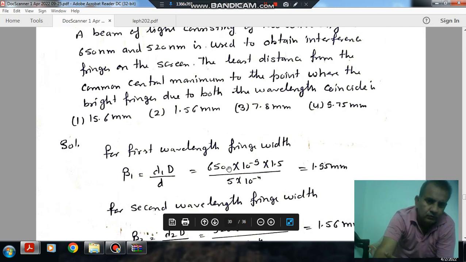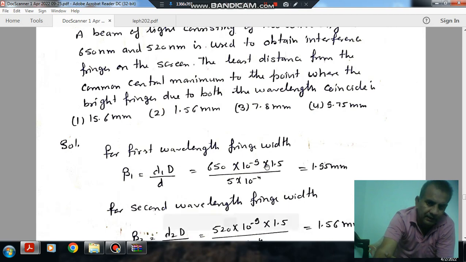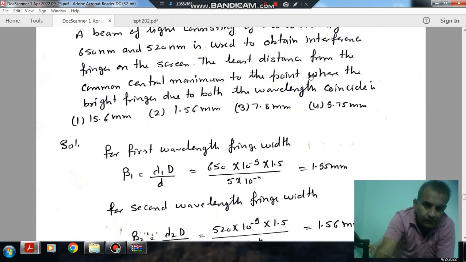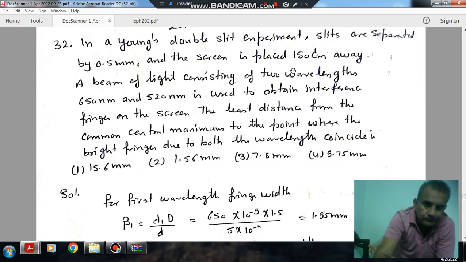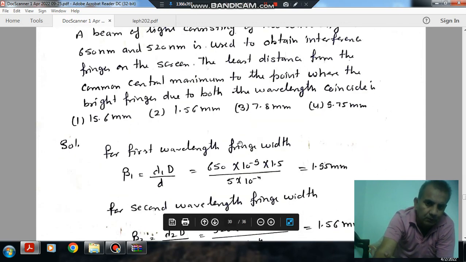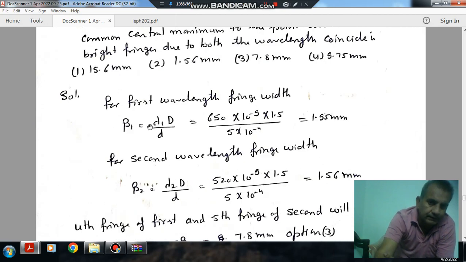So the fringe width is 650 into 10 to the power minus 9, D is 1.5 meter, and small d is 0.5 into 10 to the power minus 3, or 5 into 10 to the power minus 4. So the fringe width is 1.95 mm. For the second wavelength, using the same formula, we have 1.56 mm.